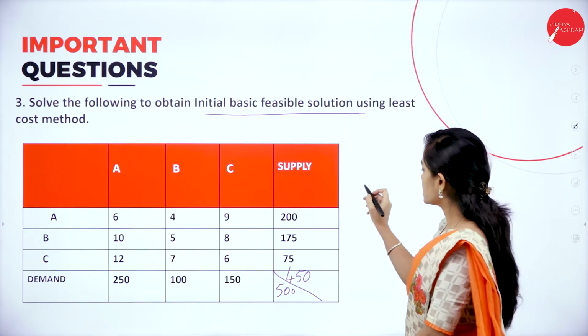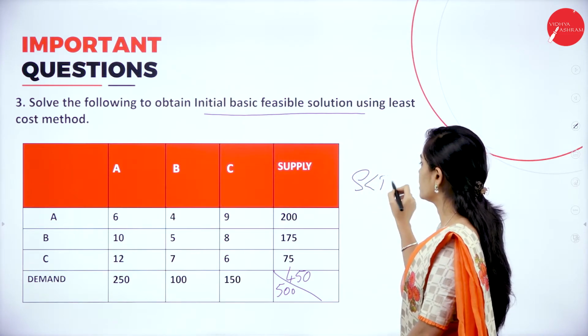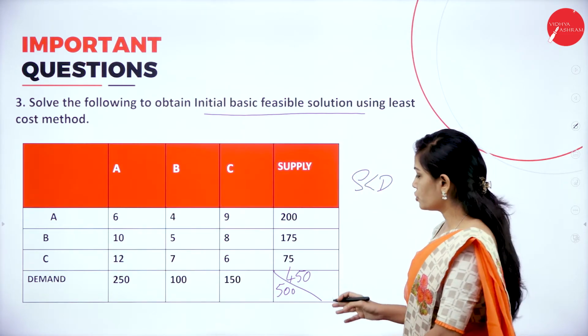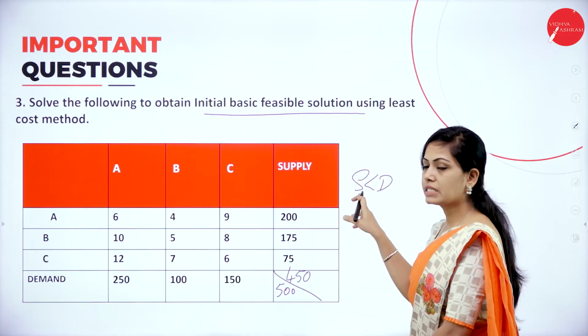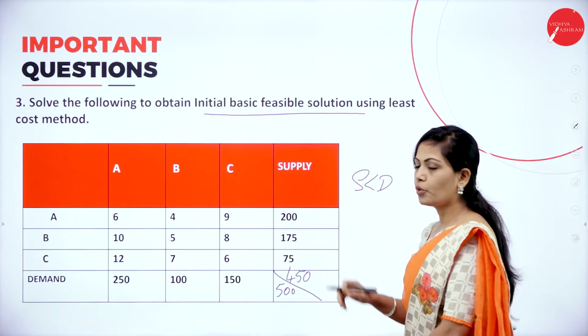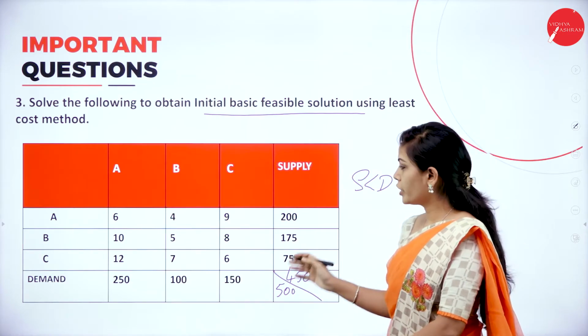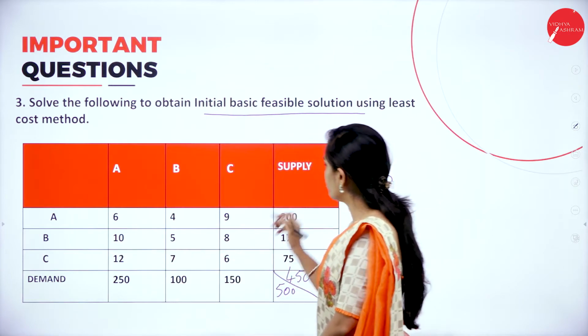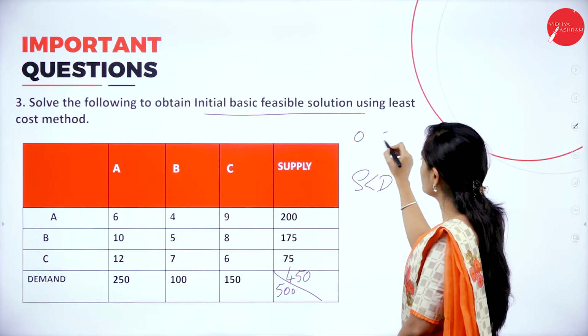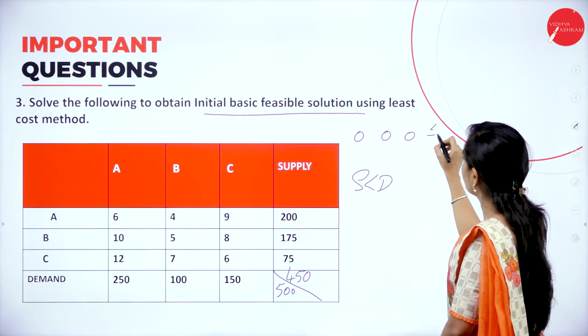So here supply value is less than demand value. So what you should do is add a dummy row, because in supply we have only 450. So here I will add 50 to the dummy row with 0 matrix: 0, 0, 0 and 50.